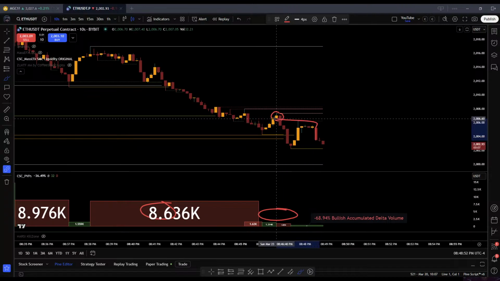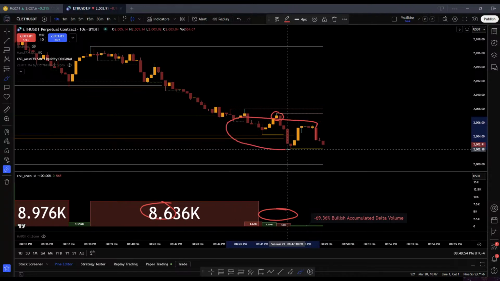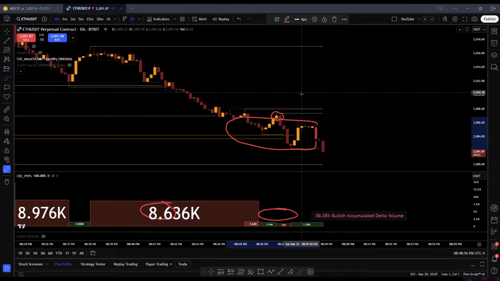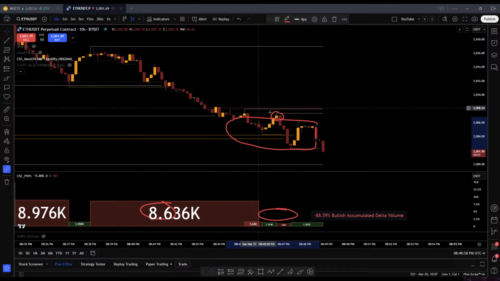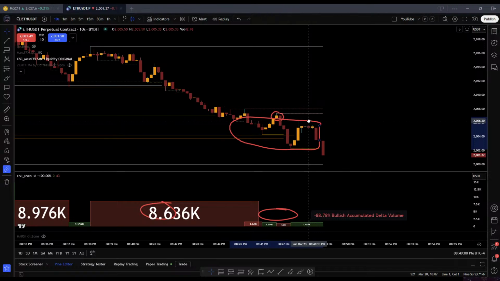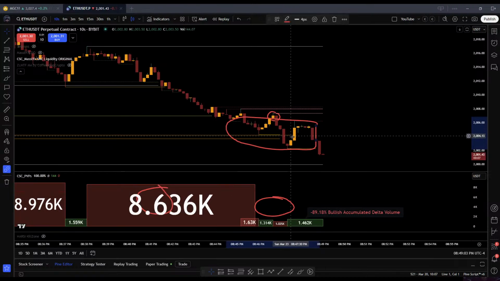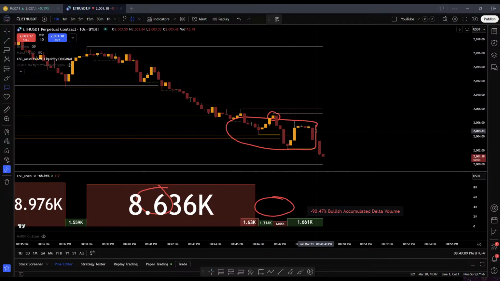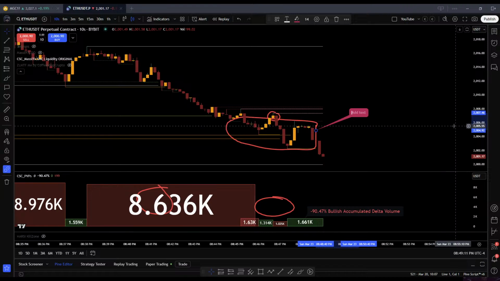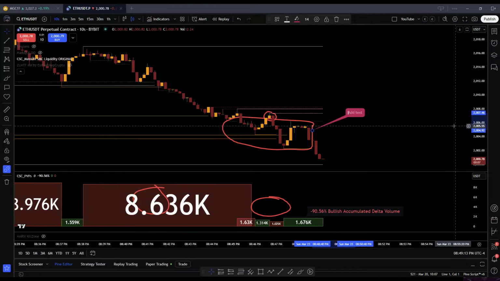I want to go back 30 candles, right? And it would always be looking at the last 30 candles. If a new candle prints, it moves forward, and it only looks at 30 candles. And the label will tell you, right? The label will tell you of those 30 candles, what was the delta.